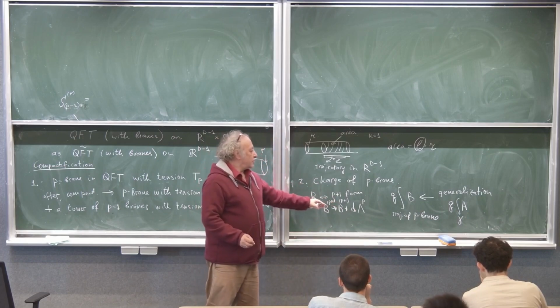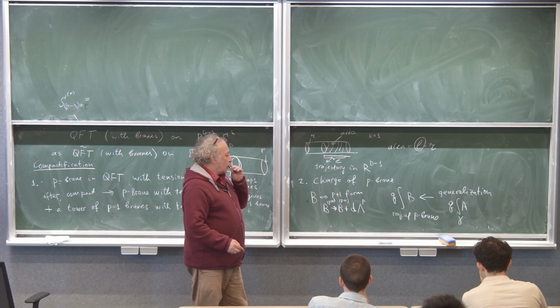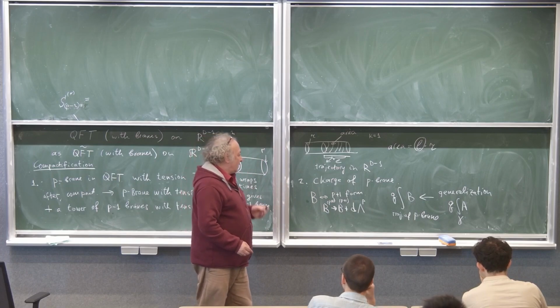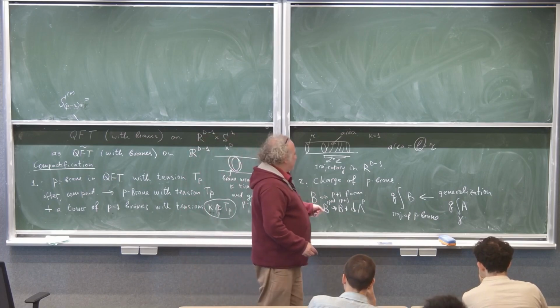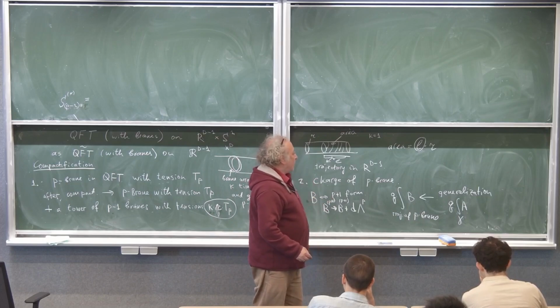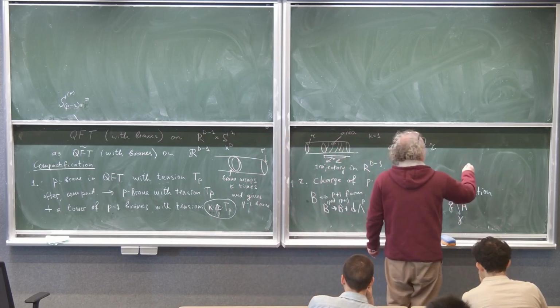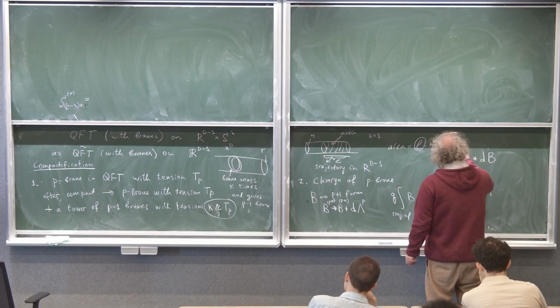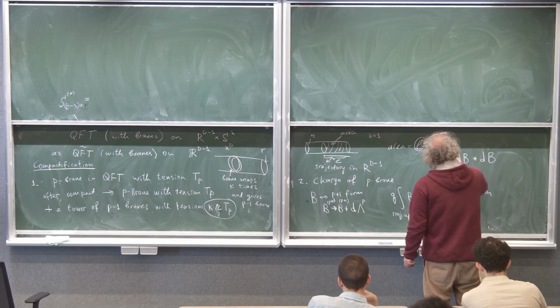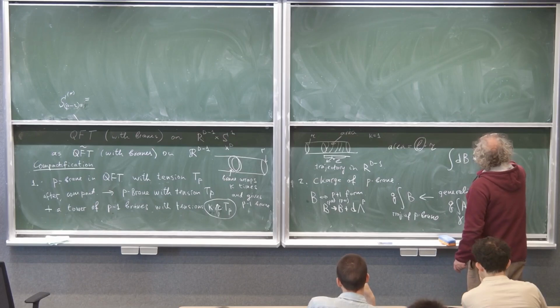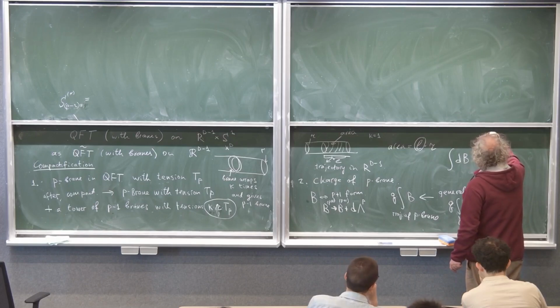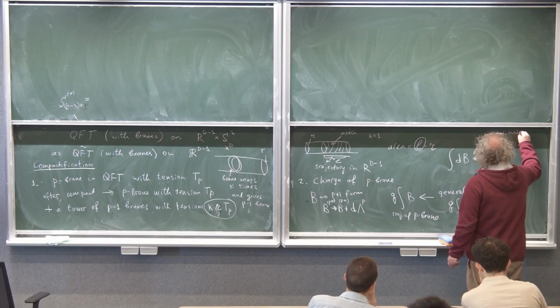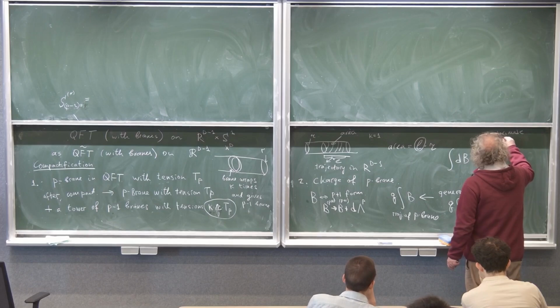It's a gauge transformation. And similarly to Maxwell theory, we can write down the gauge invariant action for this B field, with the Hodge star.